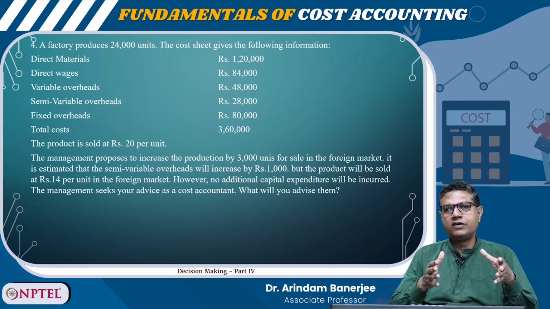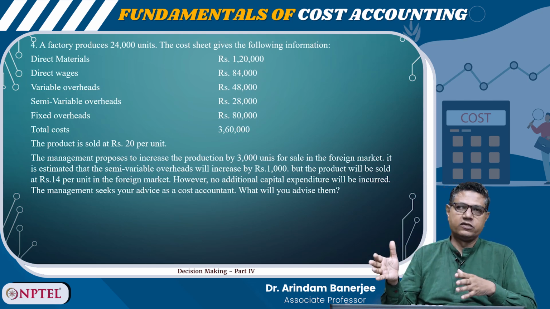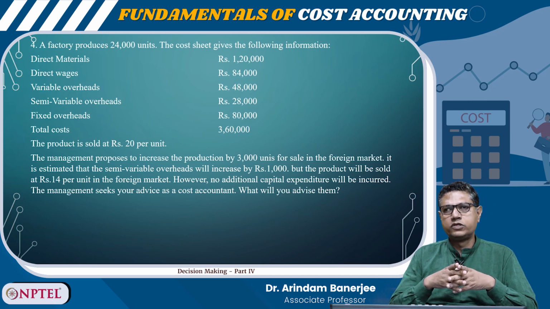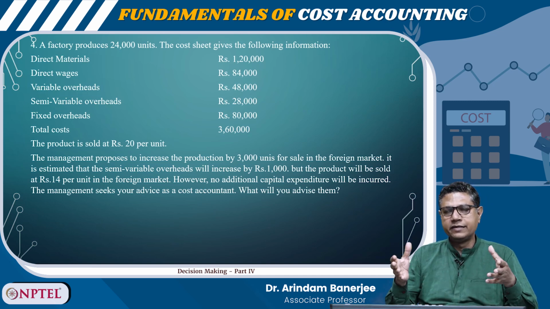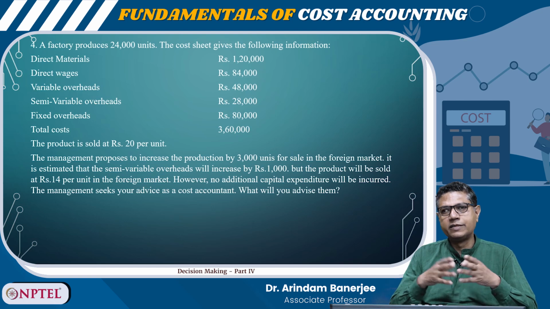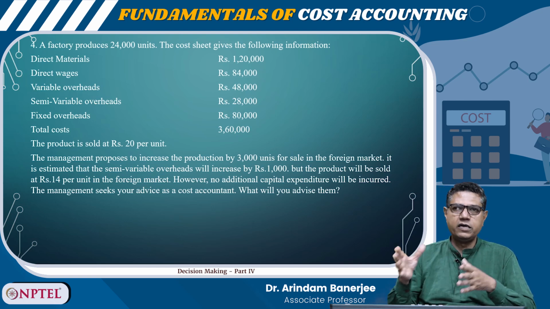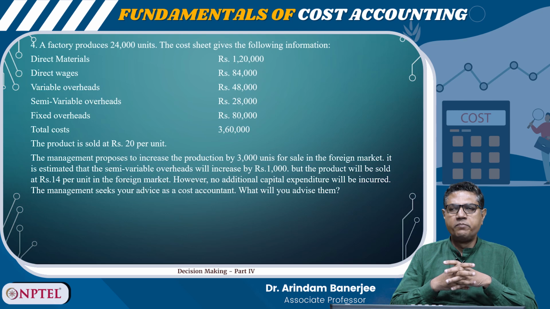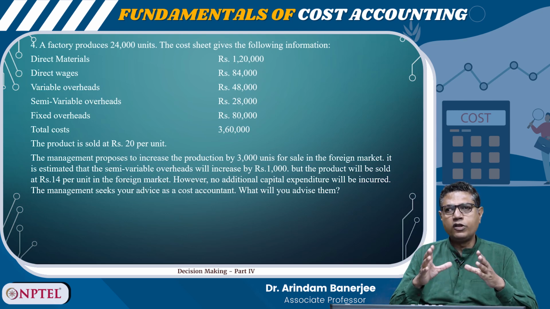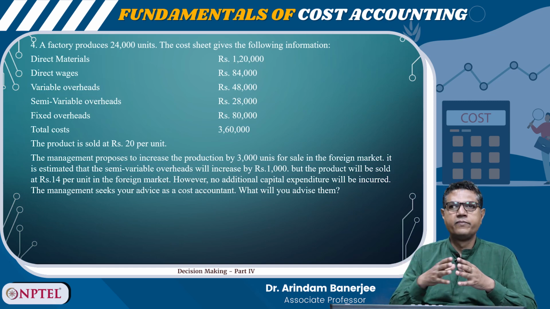One is the variable cost, second one is the fixed cost, right? There is of course another category which is a mix of those, called semi-variable cost, which is partly fixed, partly variable. But broadly, almost all the costs we can divide into two categories. One is the variable cost, the other one is the fixed cost.